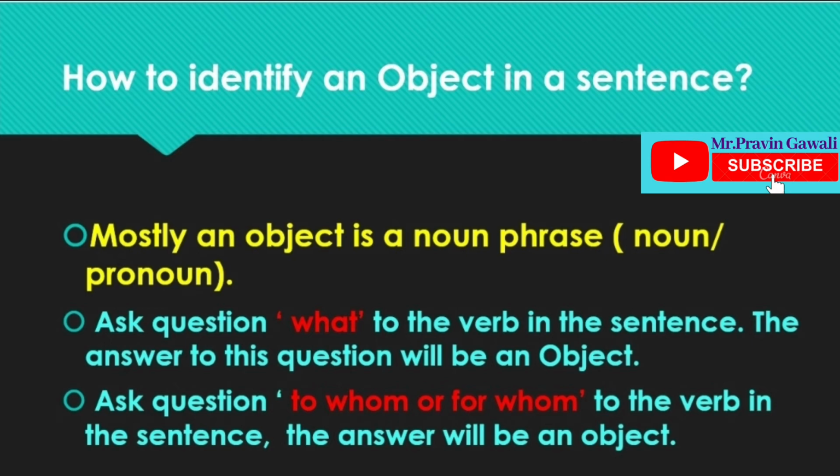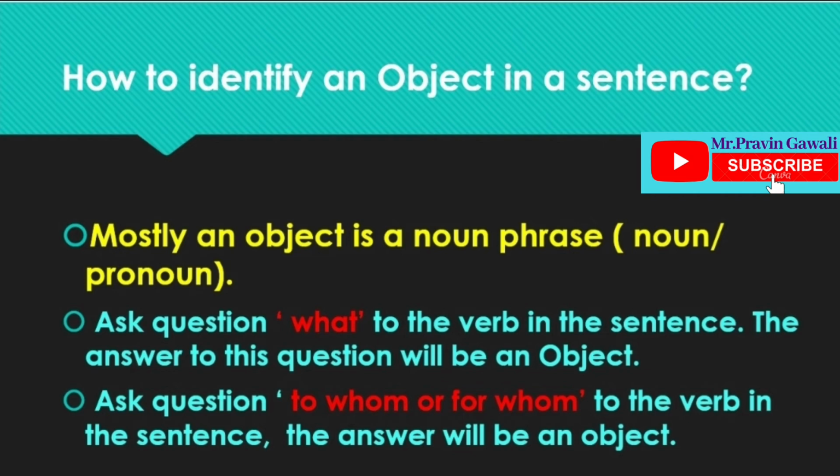Then next, ask the question to whom or for whom to the verb in the sentence. The answer will be an object. So here we can ask such kind of questions beginning with what or to whom or for whom.